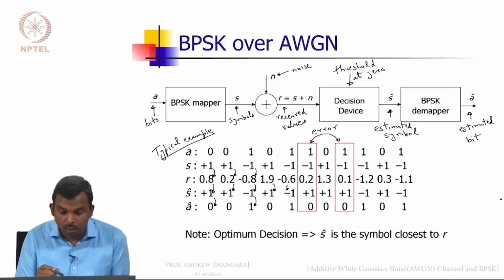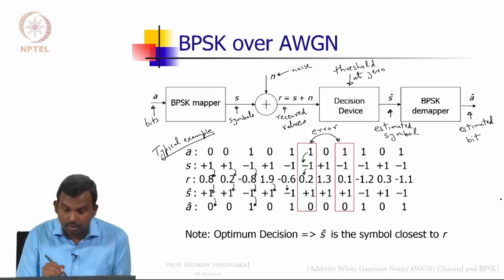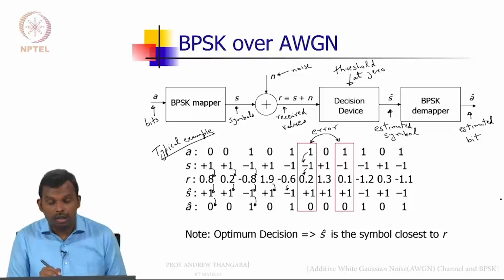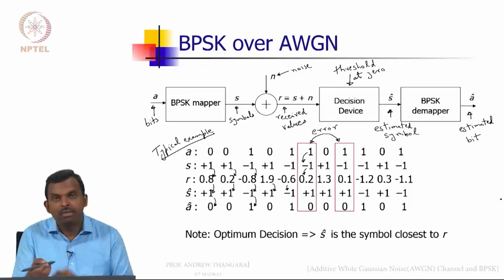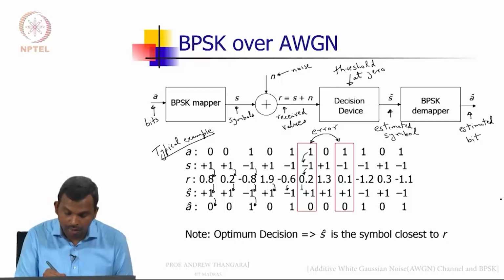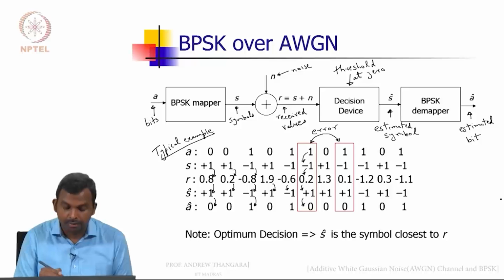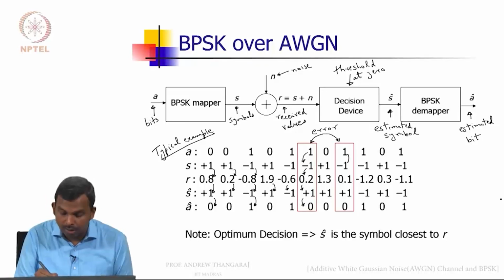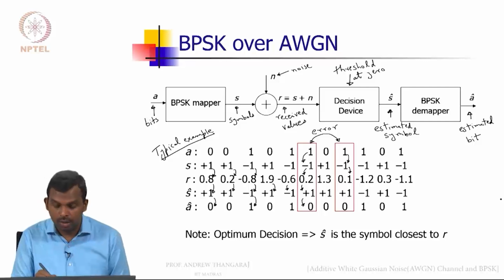You transmitted a bit 1, it gave you the symbol minus 1, and then the noise was so high, the noise was plus 1.2, that you went to the other side of 0, okay, 0.2, and your thresholding device has no other way than to conclude from 0.2 to plus 1, and from there you made an error. Okay. So, let us look at this other case. You transmitted a bit 1 again, it was minus 1, the noise was so high, it was 1.1, it went off to the other side of 0 and you made an error.